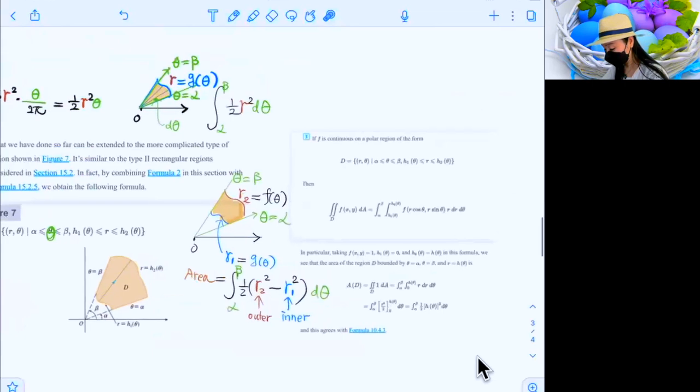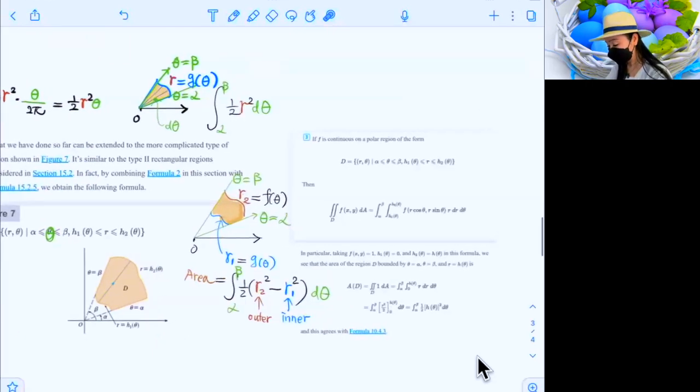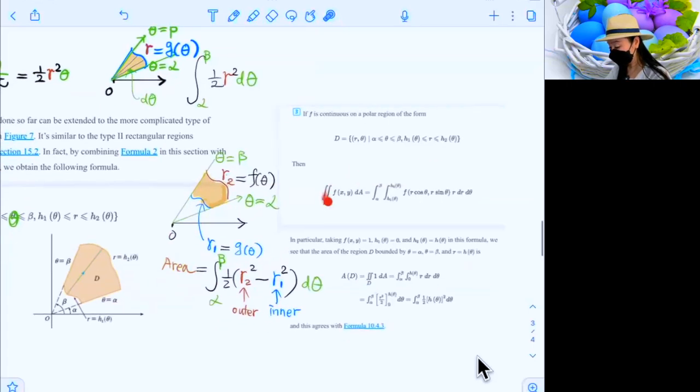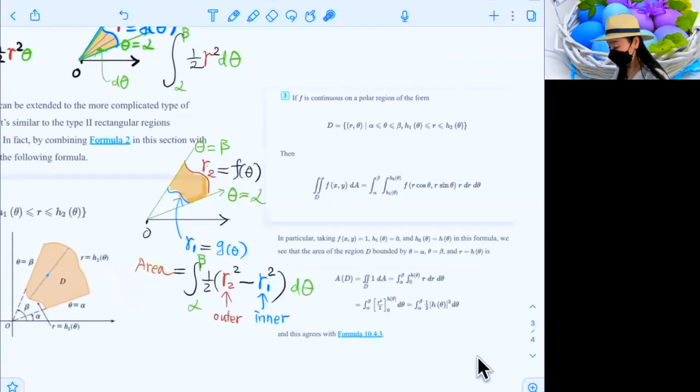So the way that we do this double integral over polar coordinates, just like before, when we take this double integral over this region D over here, then you're going to replace this x over here by, this is the x, right?